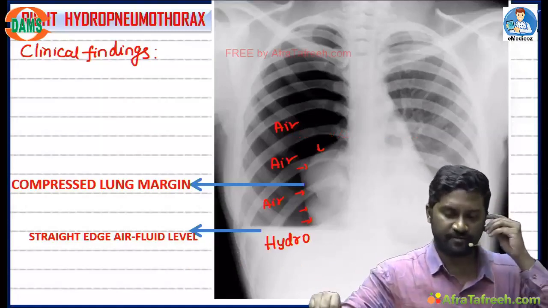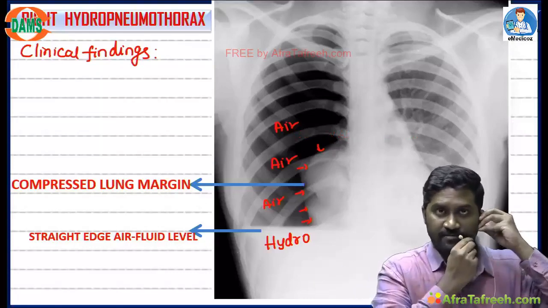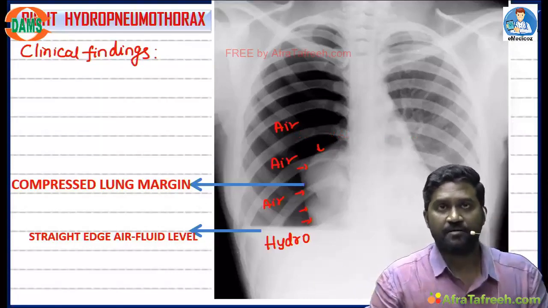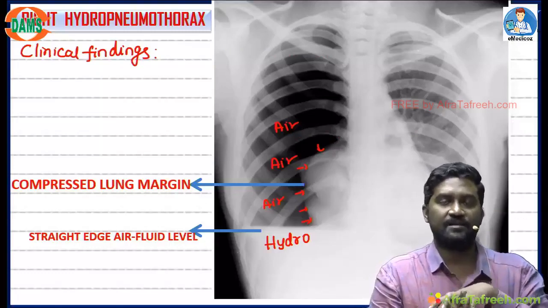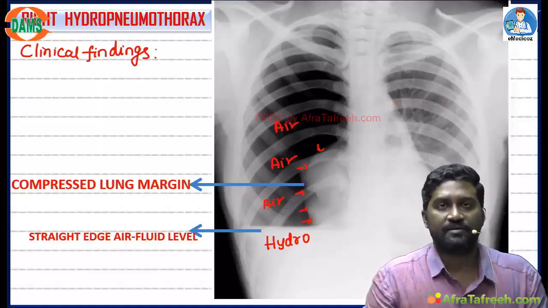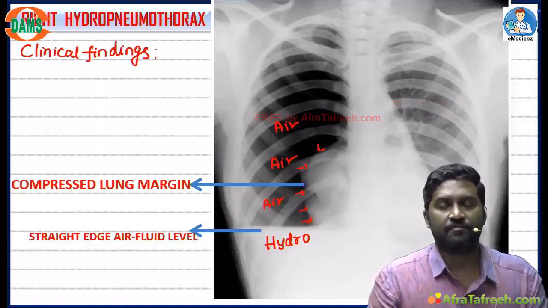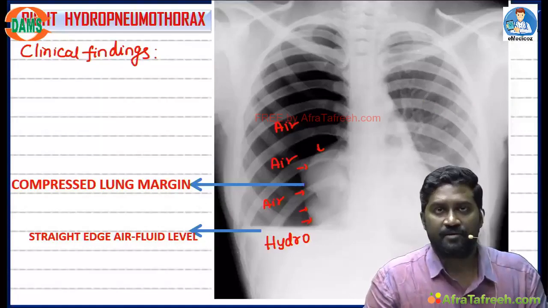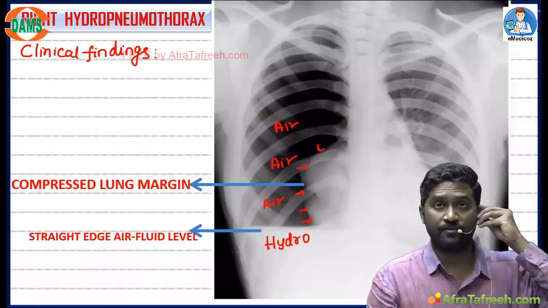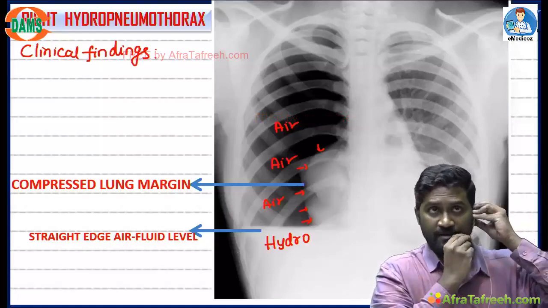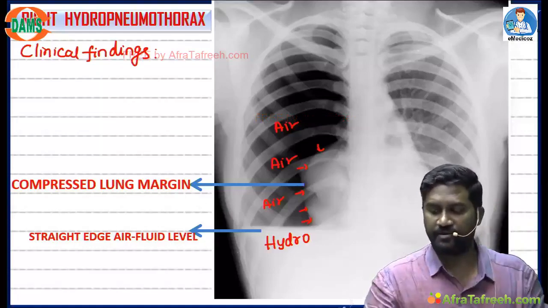Whenever I ask my postgraduate to get some sample from the pleural cavity, he will pierce the pleura, and sometimes he will insert the needle very deep and damage the lung parenchyma. Already there is fluid within the pleural space. Now because of damage to the lung, air escapes. So it becomes hydropneumothorax.